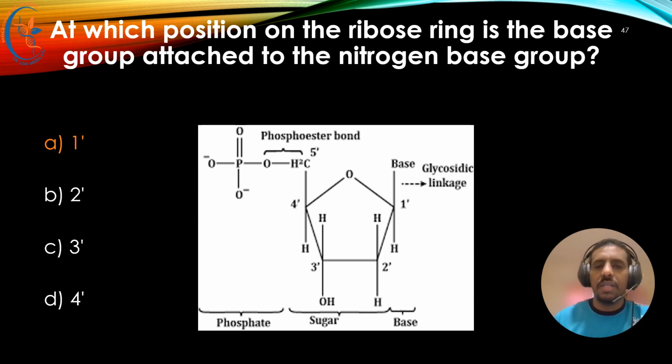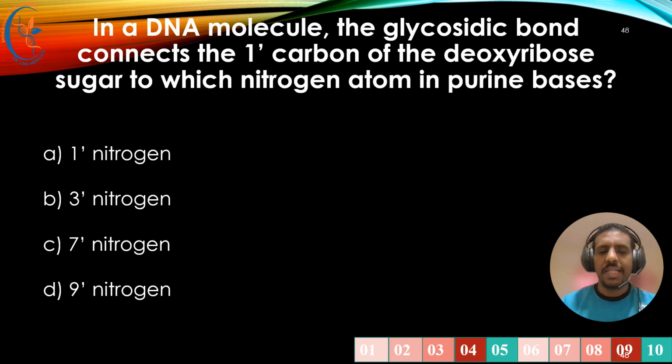Alright, let's move on. The next question is: in a DNA molecule, the glycosidic bond connects the 1' carbon of deoxyribose sugar to which nitrogen atom in purine bases? 1, 3, 7, or 9?